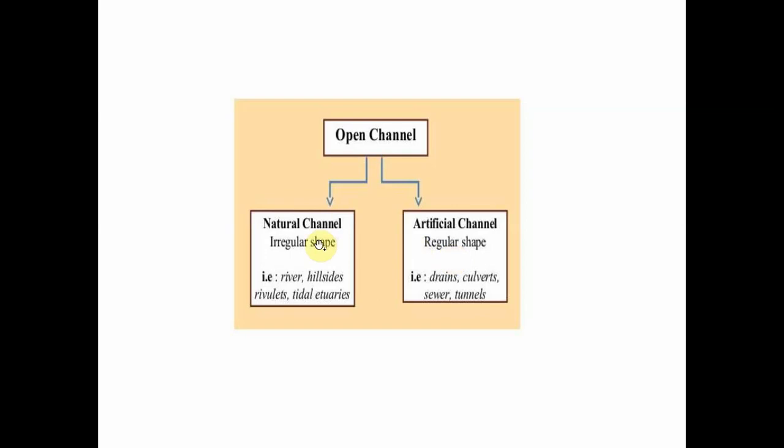A natural channel of irregular shape can be located in rivers, hillsides, tidals, etc. Then artificial channel, that is regular shape, can be obtained by drains, culverts, sewers, and tunnels.